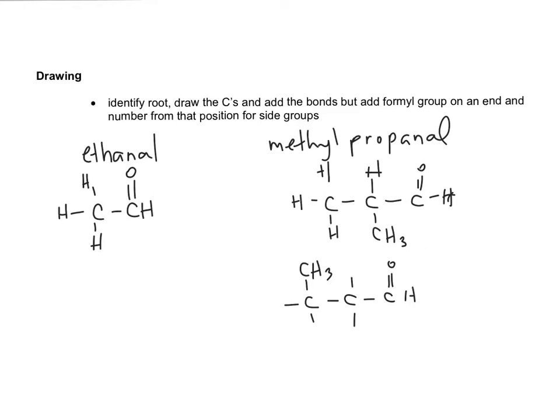If you put your methyl group on the 3rd carbon, your longest continuous carbon chain is no longer 3 but 4. You will never have a methyl group on an end carbon. So technically this name should be 2-methylpropanal. You know that the methyl group goes on the 2nd carbon, but because there's only one place for it to go, sometimes we drop the number, the 2. So make sure you always double check your longest continuous carbon chain.